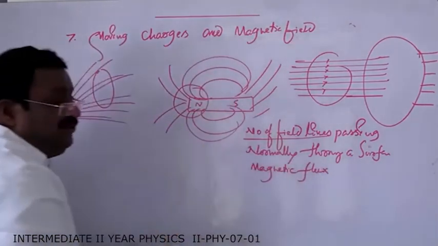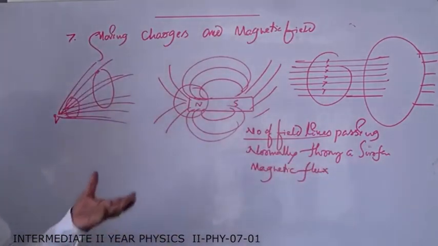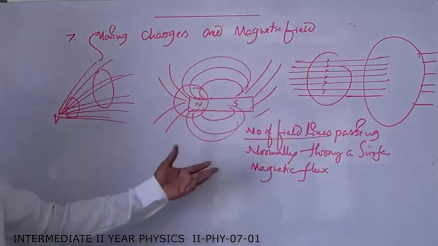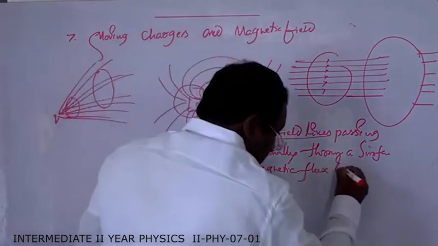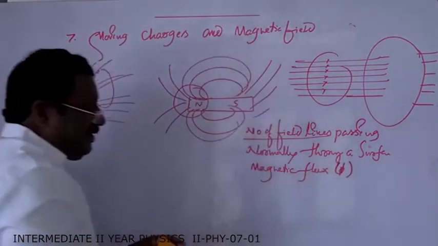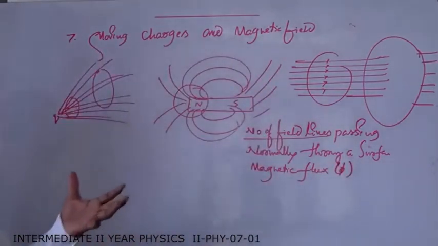So this is one way to estimate the strength of the magnetic field, in terms of magnetic flux, in terms of magnetic field lines. So magnetic flux is nothing but the number of field lines passing normally through the surface.